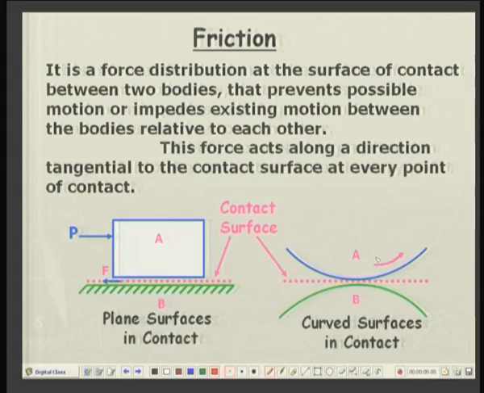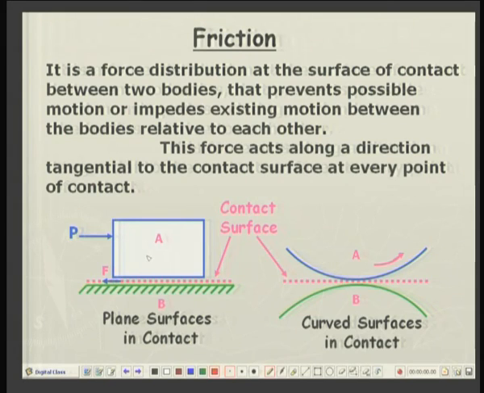On the other hand, if two bodies are curved bodies or at least one of them is curved, then the contact between the two bodies is just a point contact or a line contact. In the previous case, there were infinitely many points of contact. Here there will be a much smaller number of points of contact. Essentially, if these are two spheres, there will be only one point of contact. If one is a cylindrical surface and the other is a plane surface, then there will be a line of contact.